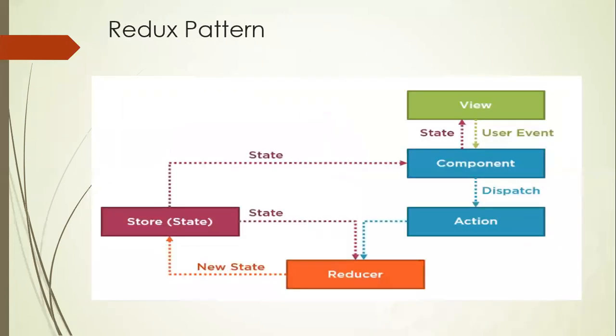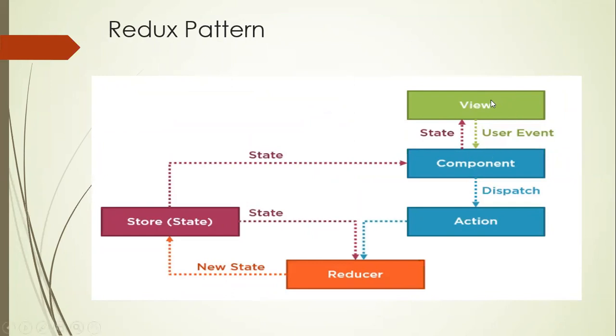So this is the Redux pattern. This is an extra step you have to do. See here, till now what we have is just view and component. View means the front end part, your HTML, and component means your TS file.